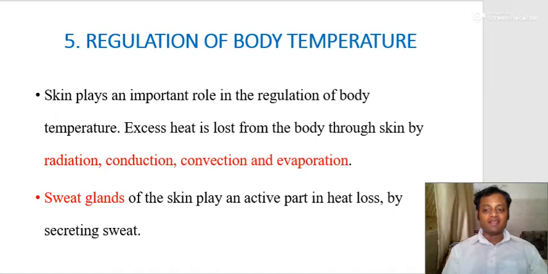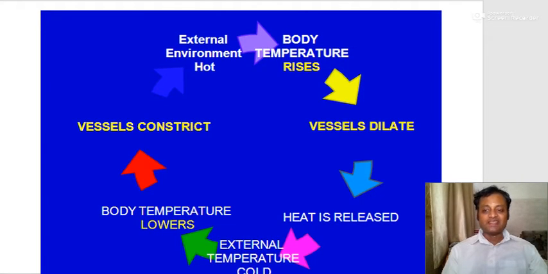Next, regulation of body temperature. Skin regulates the body temperature. When there is excess heat in the body, it is lost through the skin. The mechanism is through radiation, conduction, convection, and evaporation. Sweat glands also play a major role in heat loss from the skin. So in this picture you can see the mechanism of regulation of the body temperature.